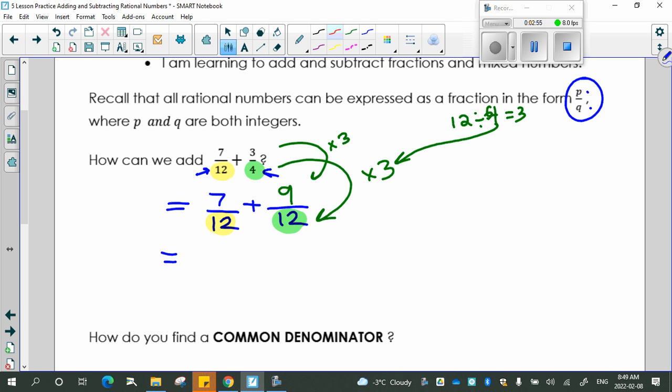Okay, so now instead of 12ths and 4ths, which are like apples and oranges, you've got 12ths and 12ths. So if I have 7 12ths and someone gives me 9 more 12ths, how many 12ths do I have altogether? 16. 16 12ths.